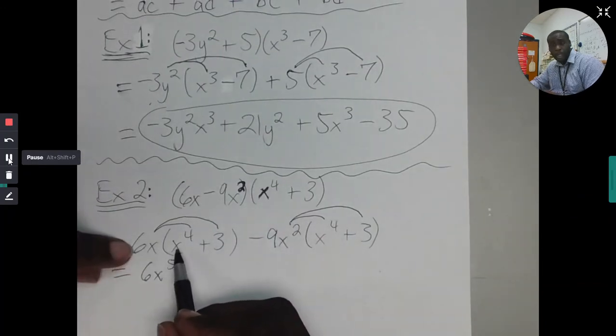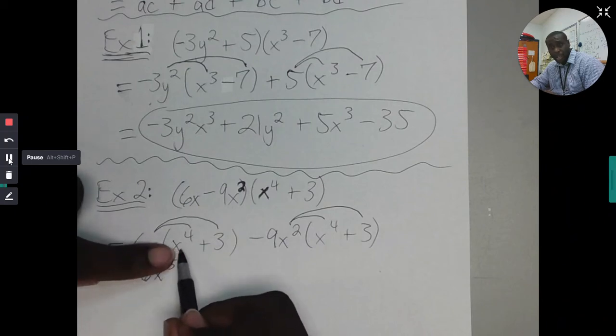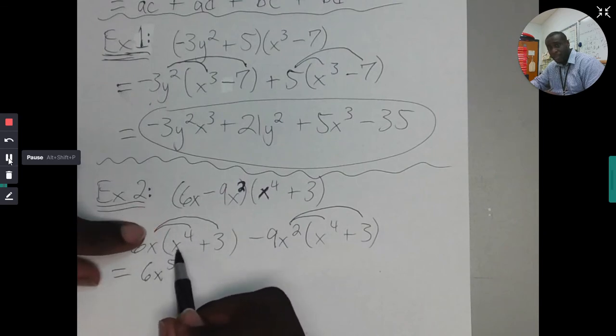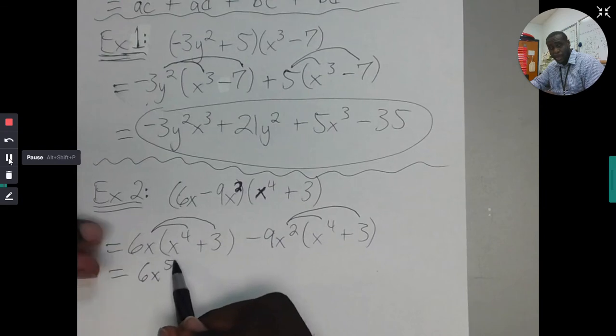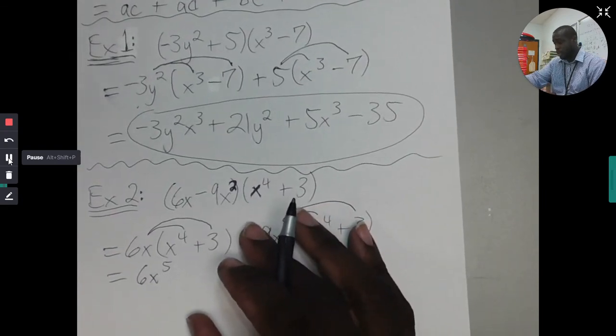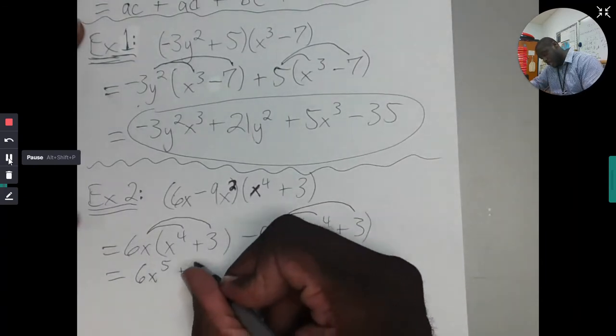Remember that when you're multiplying these, and they do have the same base, because the base here is x, remember that you add the exponents. You're multiplying, and they have the same base. Okay, that product property for exponents. All right, and then 6x times 3 gives you 18x.